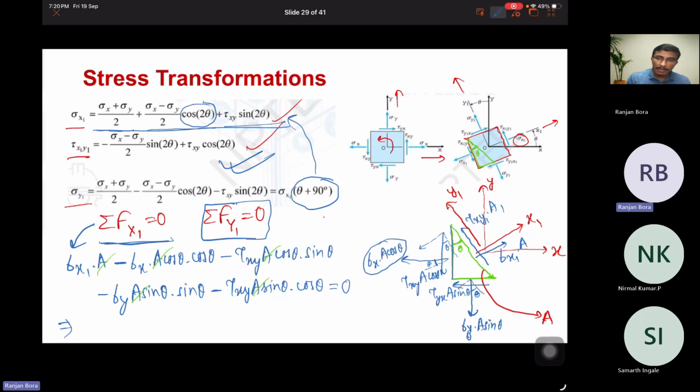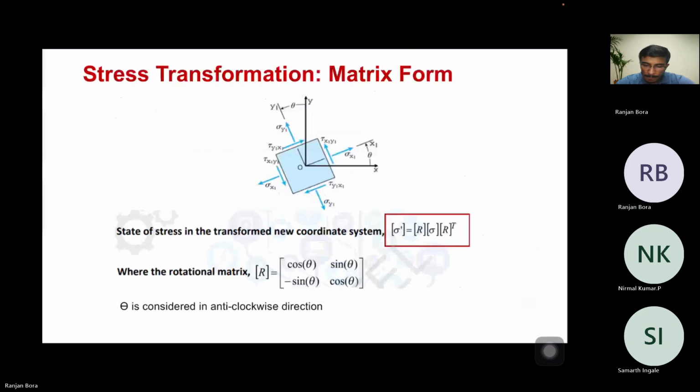Then we will get the sigma y1. So like this, we have got all the equations for the stress transformation. Okay. So is it clear? Okay.